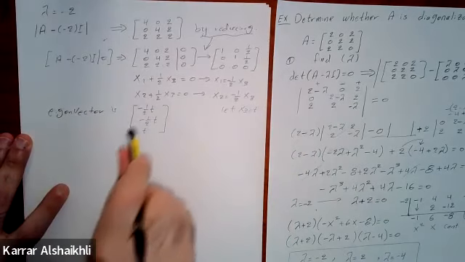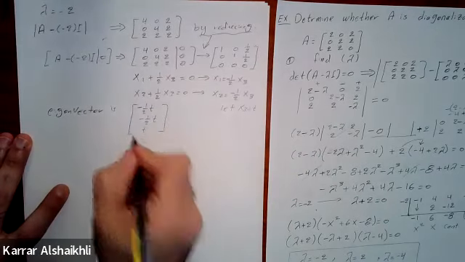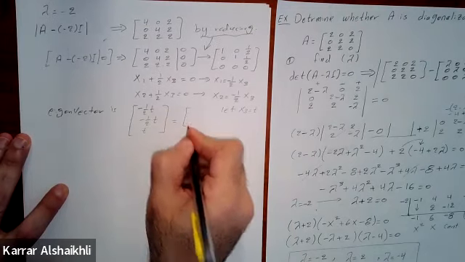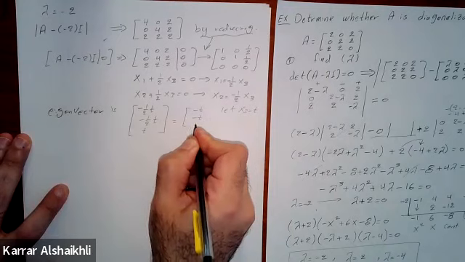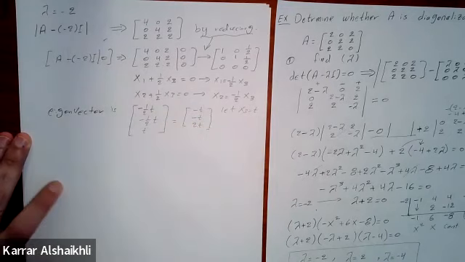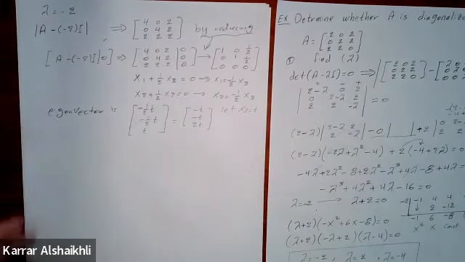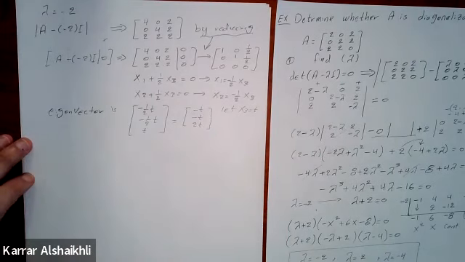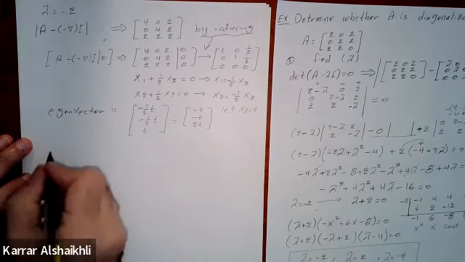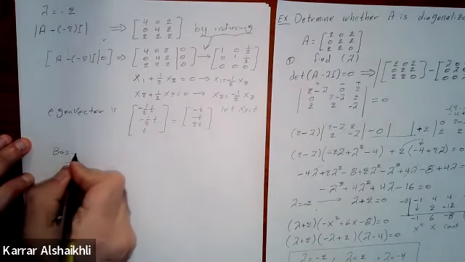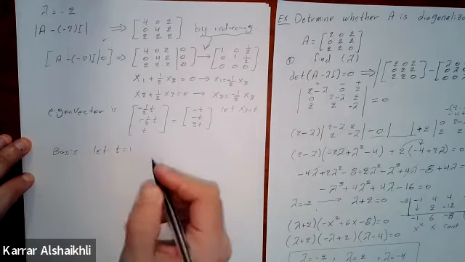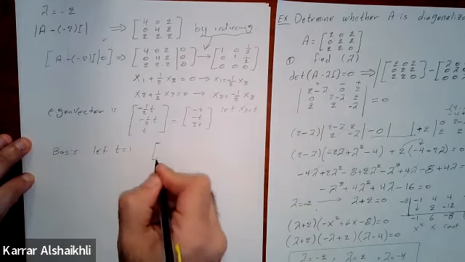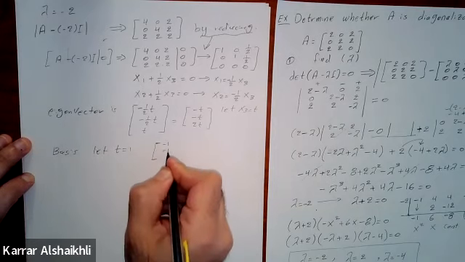We can cancel the fraction, which is exactly the same thing if you write down negative t, and 2t. At the same time, you see this is the eigenvector. I'm going to find the base. If they ask you to find the base, so just let t equal 1. That means the base is going to be negative 1, and 2.